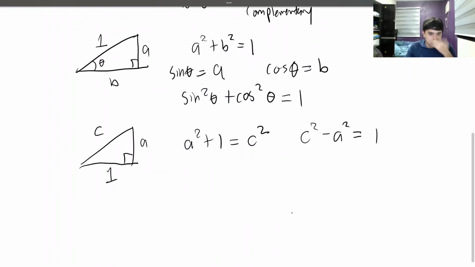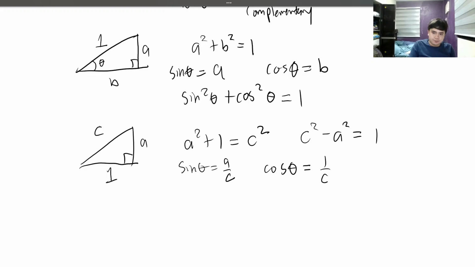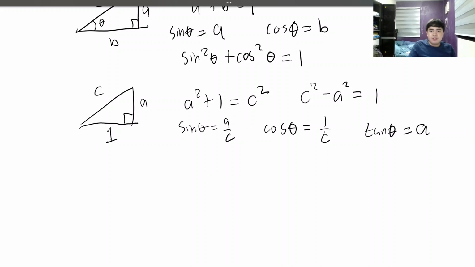All right. So sine theta is A over C. Does that help? I don't know. Maybe it will help later. Cosine theta, what's that? That is 1 over C. And then tangent theta is A over 1, or just A. We have 1 over c here.